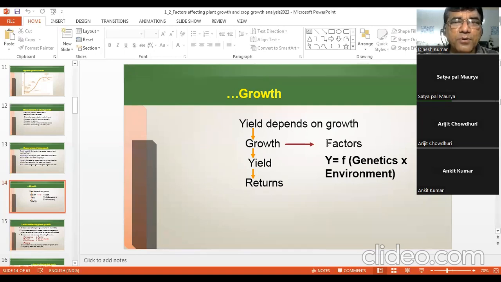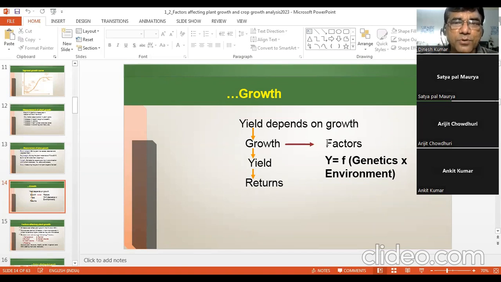Here, if the farmer knows that nutrients are a growth factor, the plant nutrients are a growth factor, or water is a growth factor, they would like to economize the use of nutrients, use of water, or other inputs so that their expenses are less on cost.